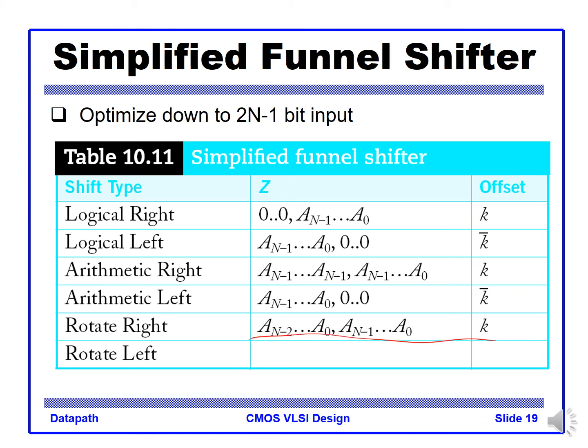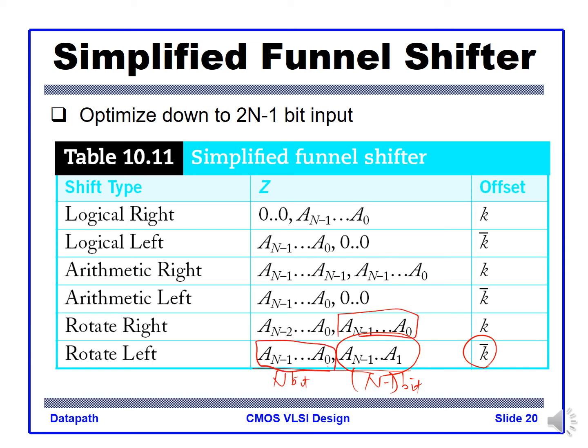Here, k inversion, and fill in with the n minus 1 bit, this is n bit, right? This is for the rotate right, where we have n bit on the right and n minus 1 bit on the left, right?